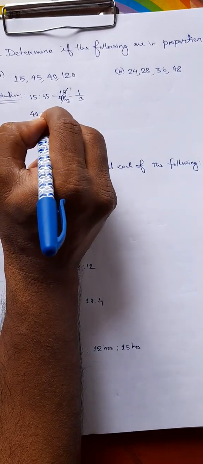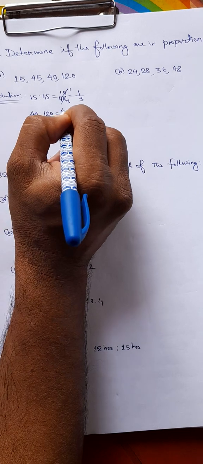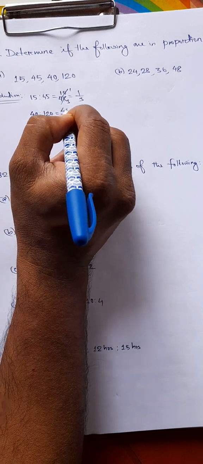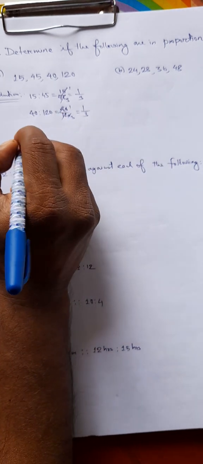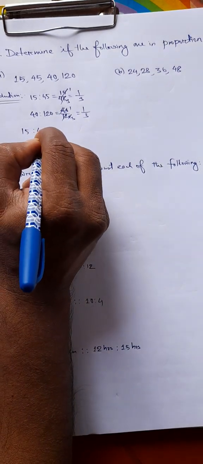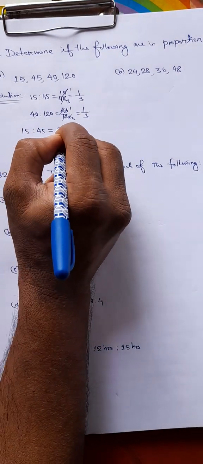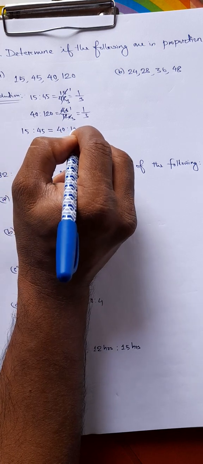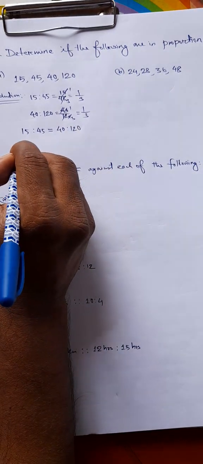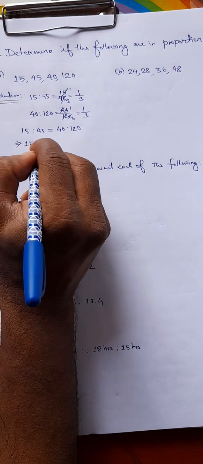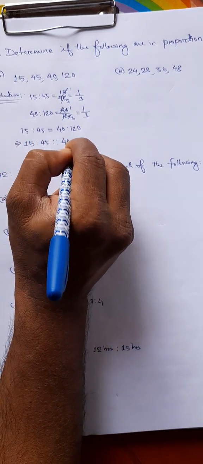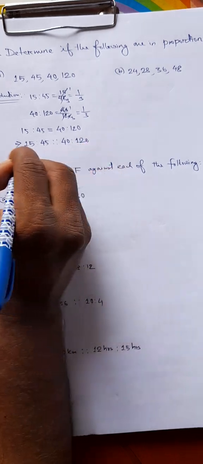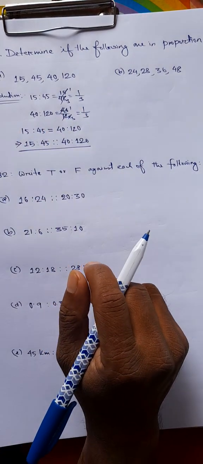Then 40 is to 120 equals 40 divided by 120, which is 1 by 3. That means 15 is to 45 equal to 40 is to 120, or symbolically 15 is to 45 :: 40 is to 120. That means these numbers are in proportion.